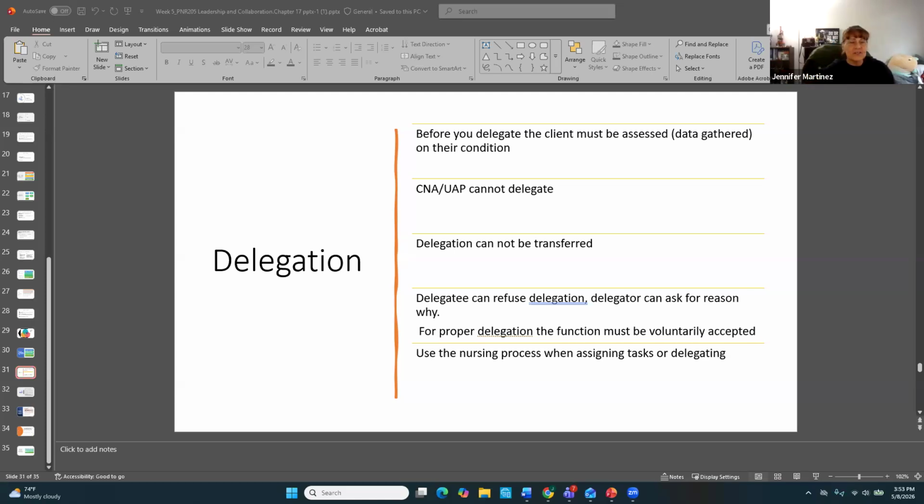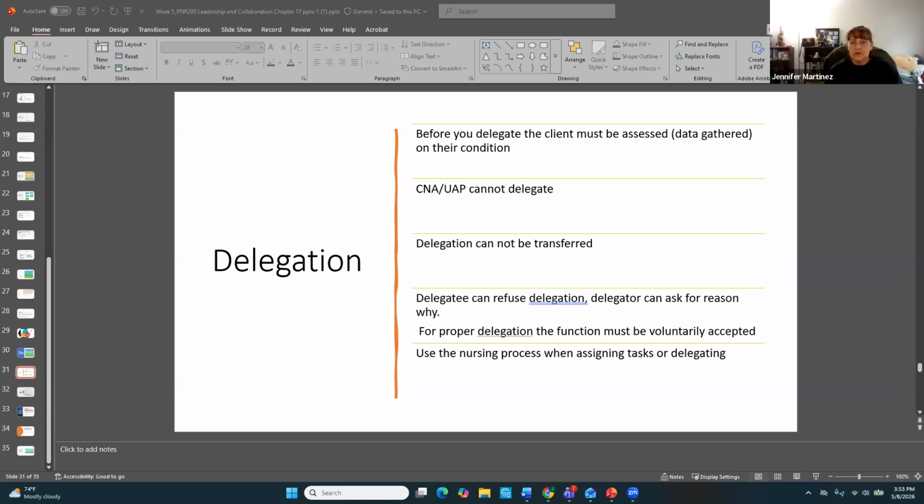There is a difference between I don't want to do something and I do not know how to do something, right? For proper delegation, the function must be voluntarily accepted. So I can't make somebody accept a delegated responsibility. It has to be voluntarily accepted.